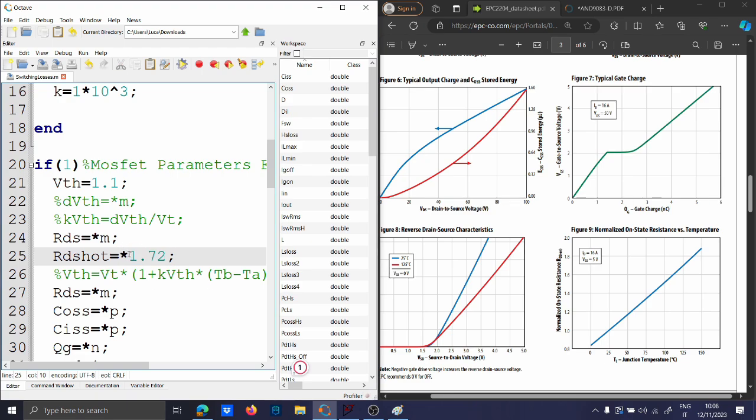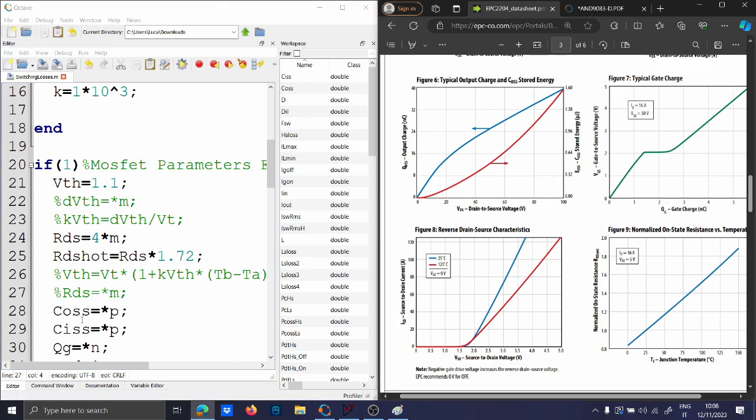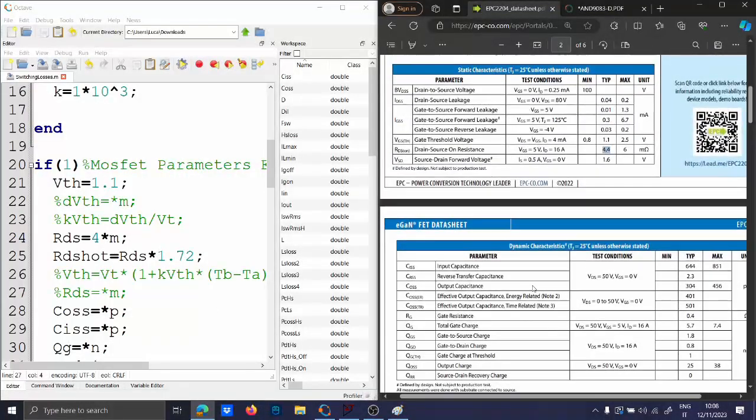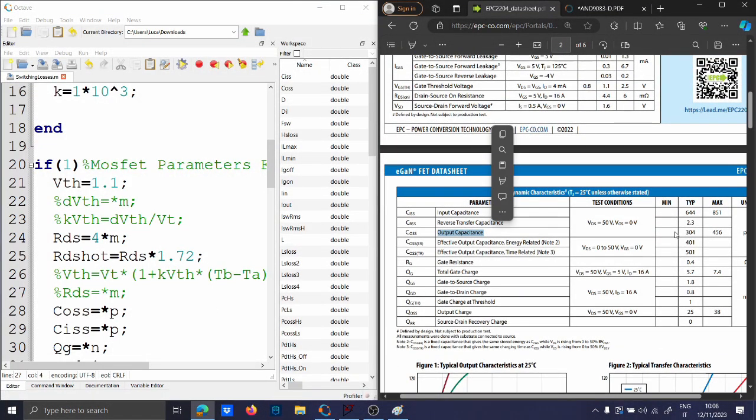We will put the RDS hot, 4.4 milliohms, and the RDS hot is RDS times 1.72, giving the maximum value. Now, let's use the COSS. COSS is the output capacitance, and we have 465 pico.